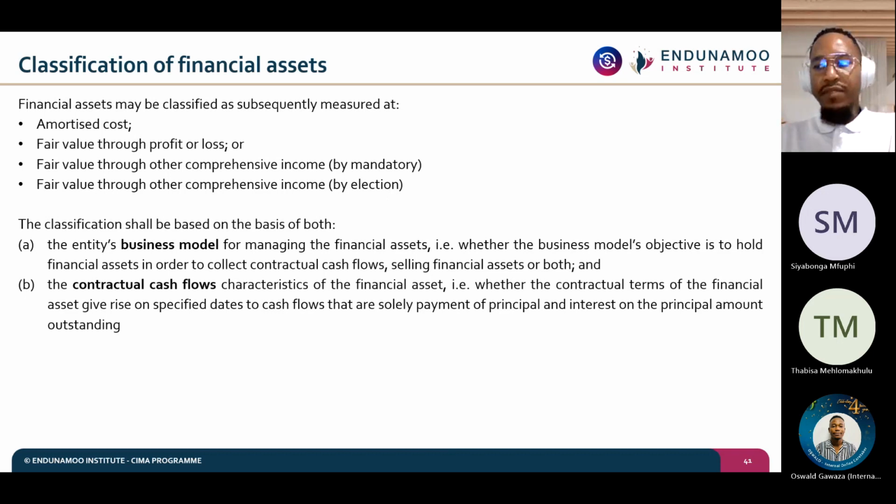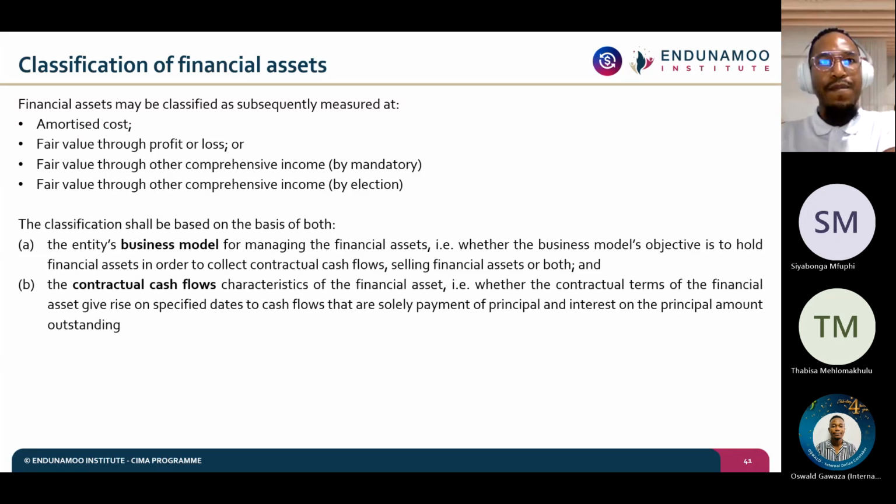Having established that a contract gives rise to a financial asset, we have to then classify it as subsequently being measured at either amortized cost, at fair value through profit or loss, or at fair value through other comprehensive income, mandatorily, or by having elected to measure the financial asset at fair value through other comprehensive income.